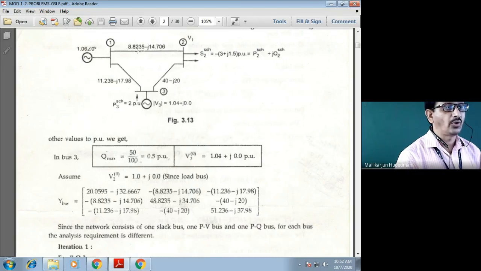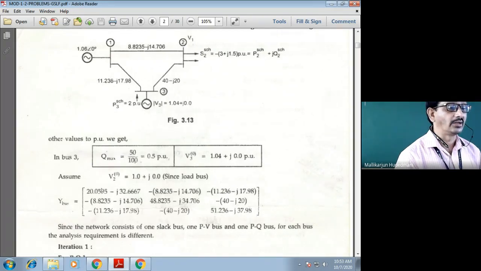If you add 8.8235 plus 11.236, I am taking them in complex form, real terms, it results in 20.0595. And reactive terms, minus 14.706 minus 17.98, it results in minus 32.667.